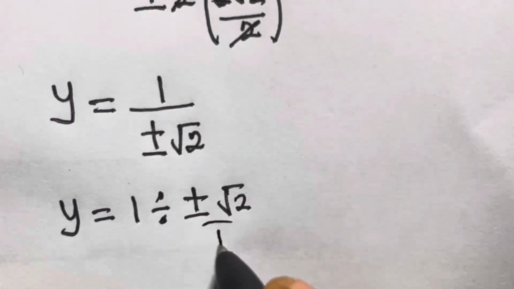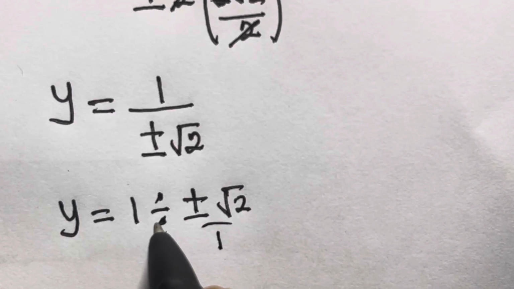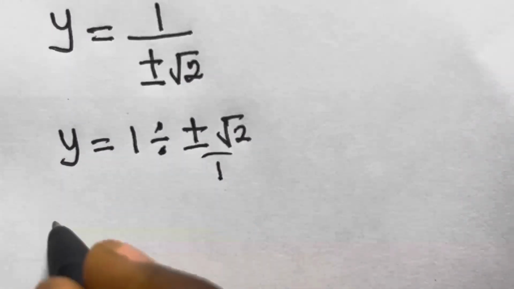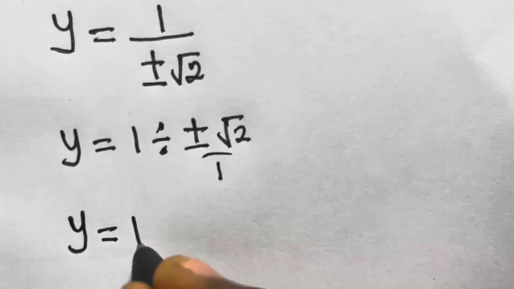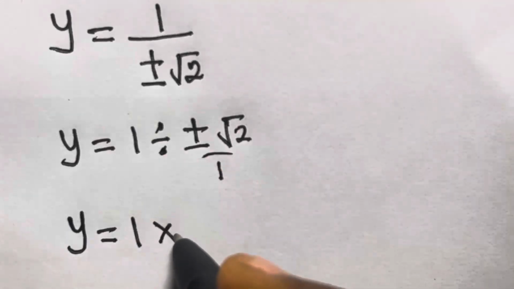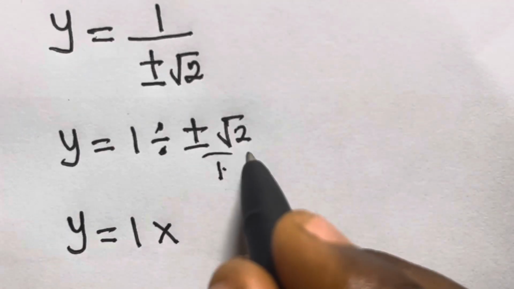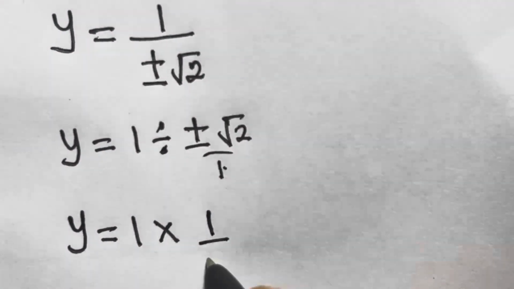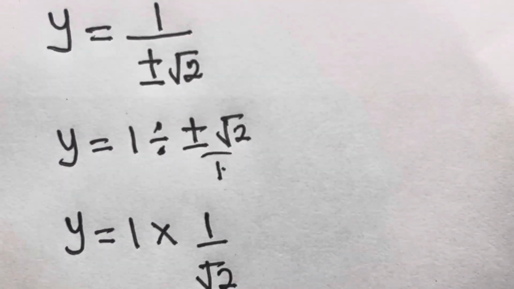This is divided by 1, so we want to rationalize by changing this division to multiplication. When you change this division to times, the one below will come up and the one up will come down. So we'll have 1 divided by the square root of 2.